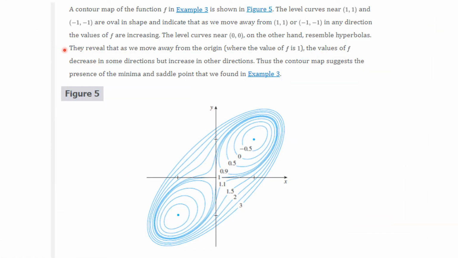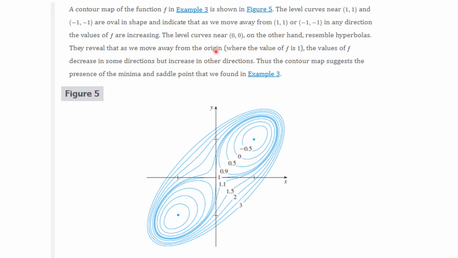Now we can also think about a contour map of this function, and you can see what happens near the points (1, 1) and (-1, -1). They're oval in shape, and indicate as we move away from those in any direction, the values of f are increasing. So the level curves near (0, 0), however, resemble hyperbolas. See, these are hyperbola-like.